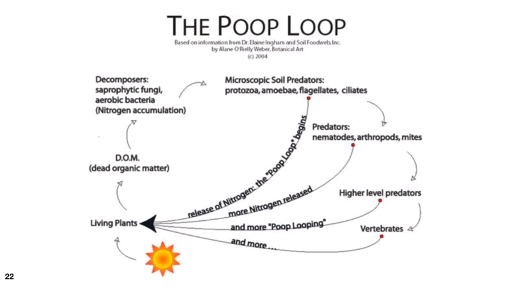And then these are predated on by protozoa, amoeba, flagellates, and ciliates that poop, and others actually, and micro and macroarthropods. But when these excrete their poop, they put back those nutrients that they have got from the bacteria, from the fungi, they put it back into the soil as plant available nutrients. So that's how the poop loop works, and that's how the nutrient cycling works inside the soil.